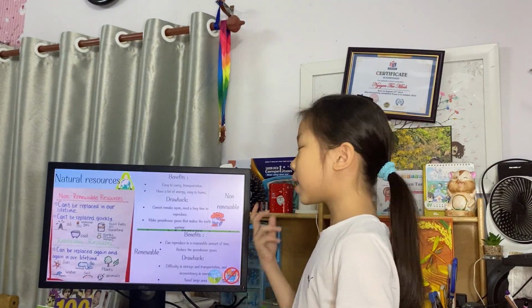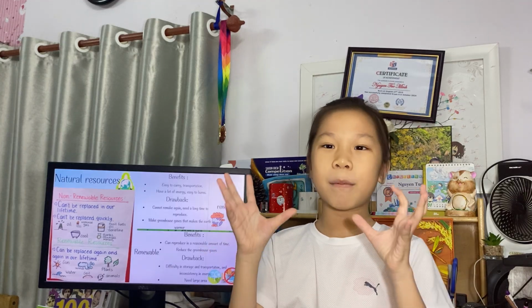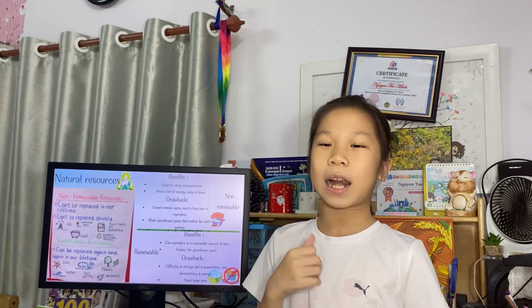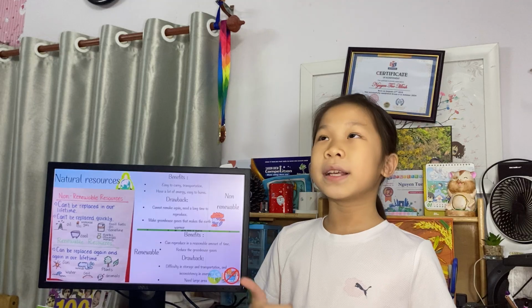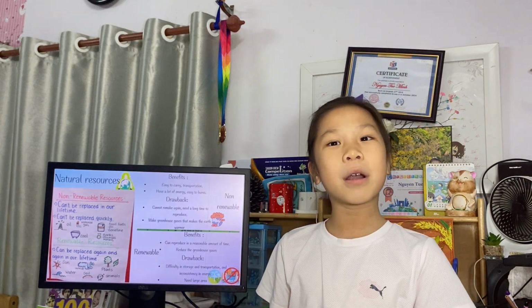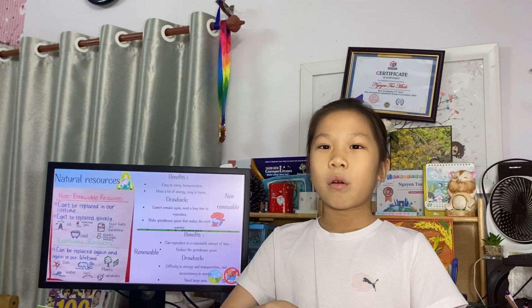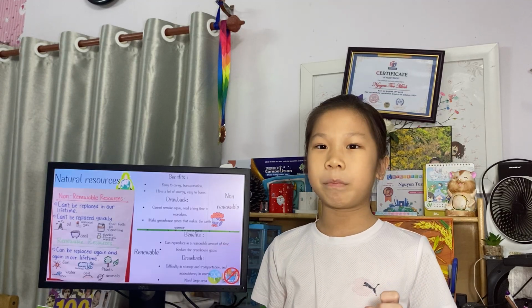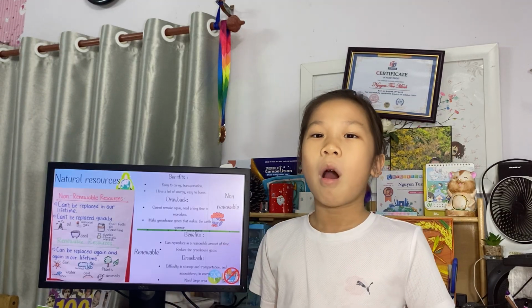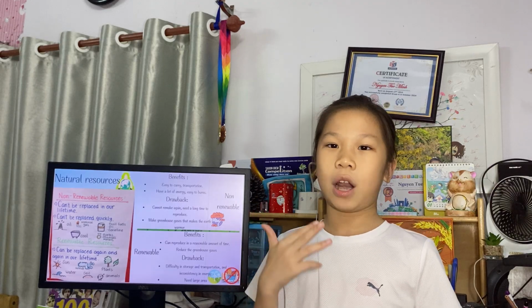Those gases move to the air, warm up the earth, and make the climate change. It makes the glaciers melt, and also it makes the earth warm up and the ocean level rise.